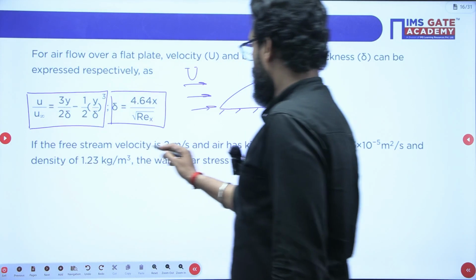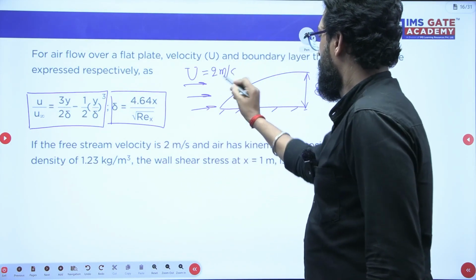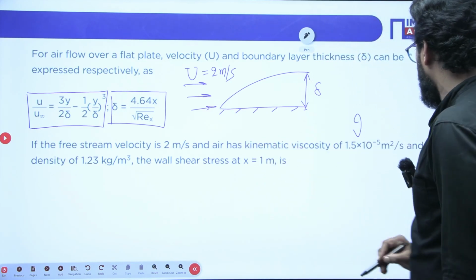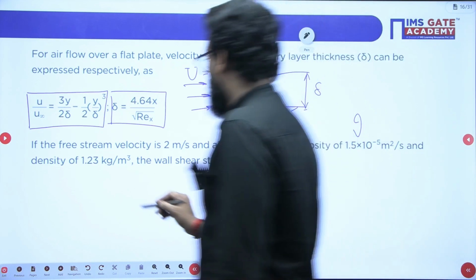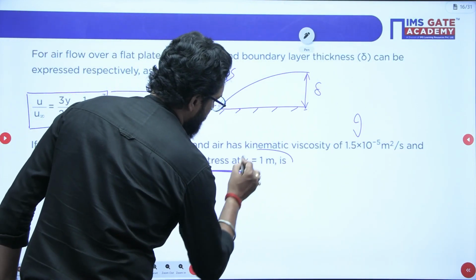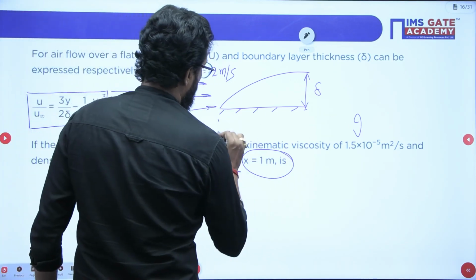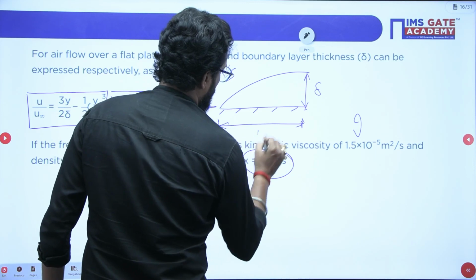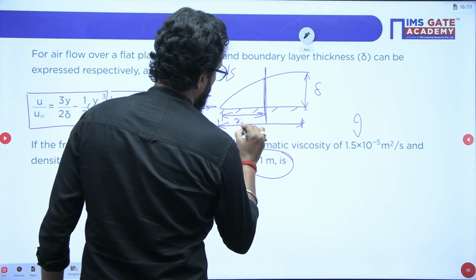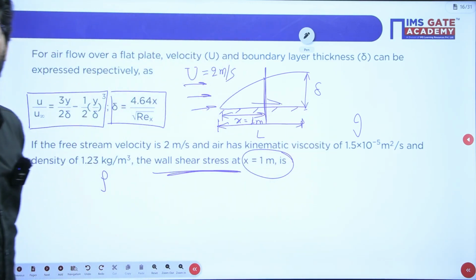The free stream velocity is given as 2 meter per second, and the kinematic viscosity of the air is given, and the density rho is given. The wall shear stress, very important, at what distance? x equal to 1 meter. Simple. That means suppose this is your length L. We have to find at x equal to 1 meter, what is the wall shear stress?